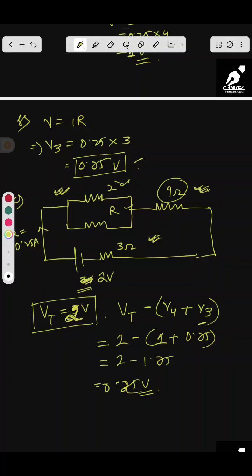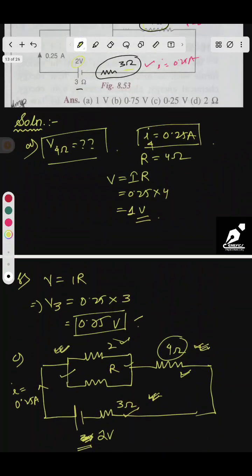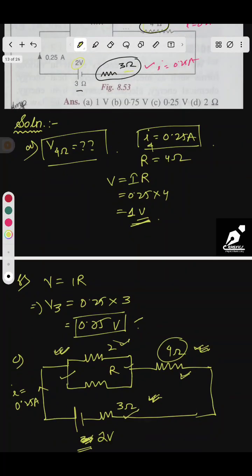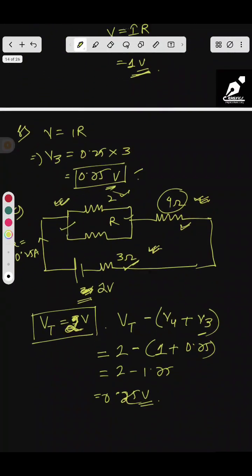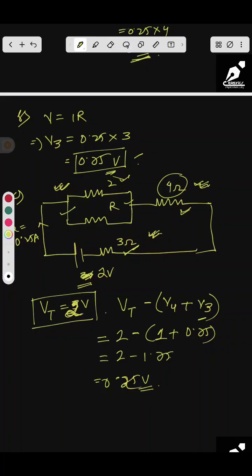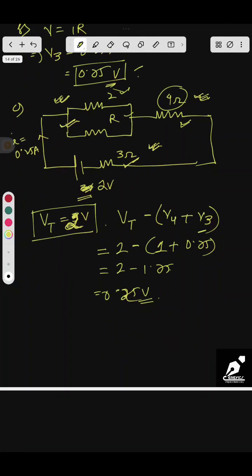A part of the 2 volt is consumed by this combination, and this combination. This combination was consuming 1 volt. This one is consuming 0.75. So the potential consumed by this one will be 2 minus 1 plus 0.75, that is 0.25 volt. Clear? That was a mistake I did in writing.